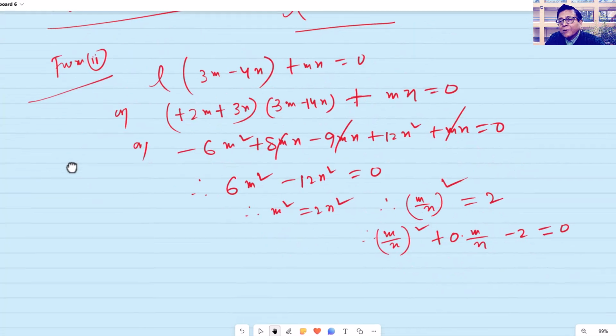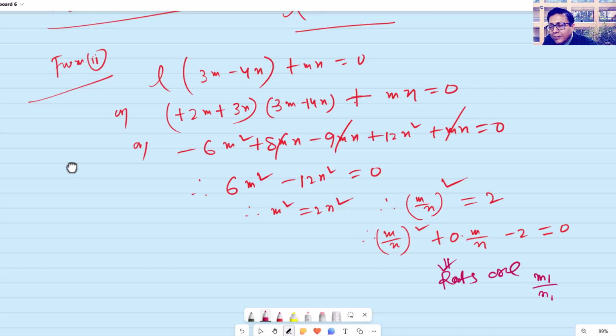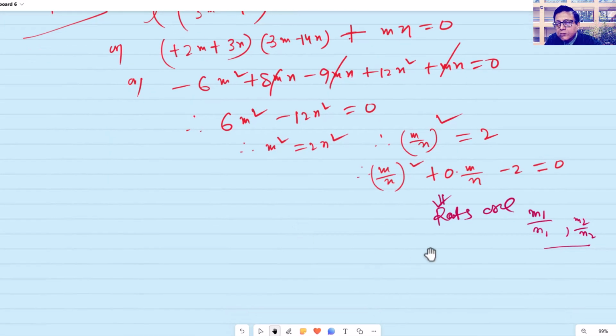So two values of m by n are expected for two lines. So what kind of roots do you expect here for this equation? Roots are m1 by n1, m2 by n2. Am I clear? Quadratic equation. Roots are of this form.